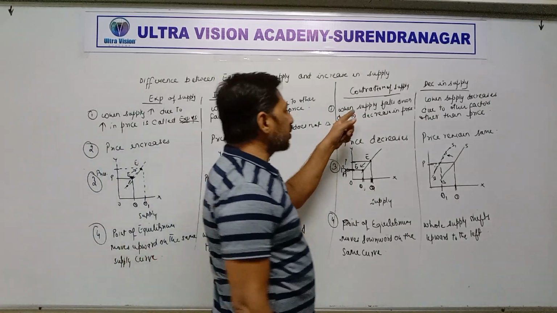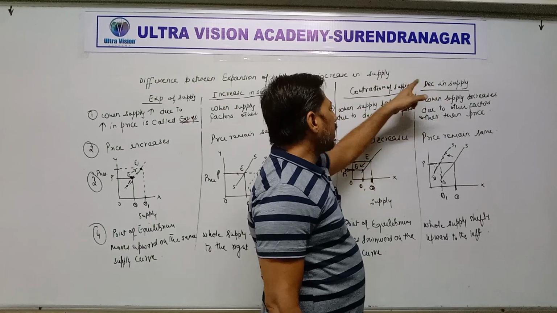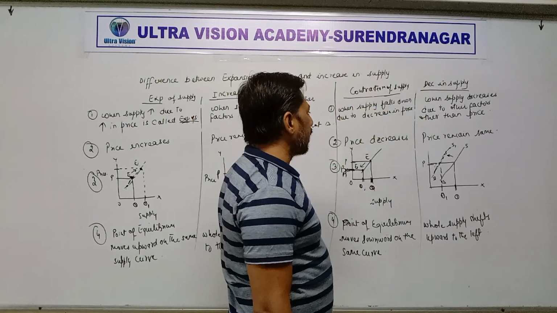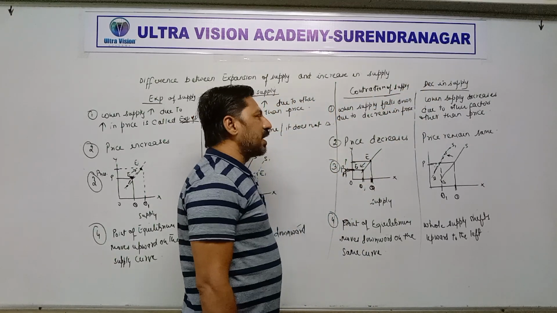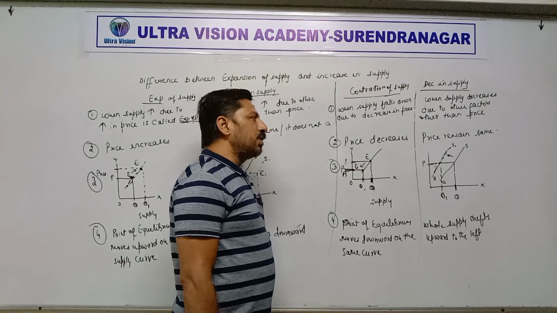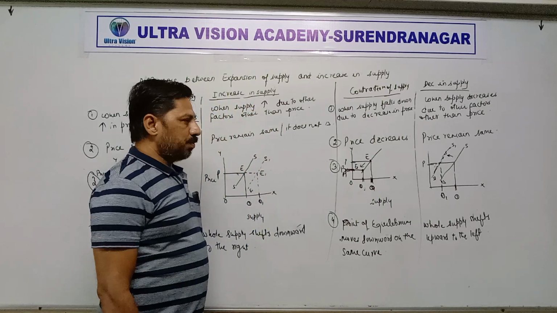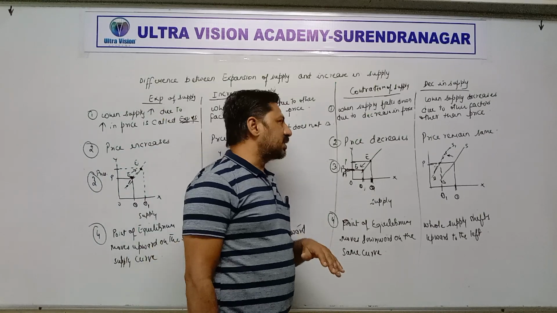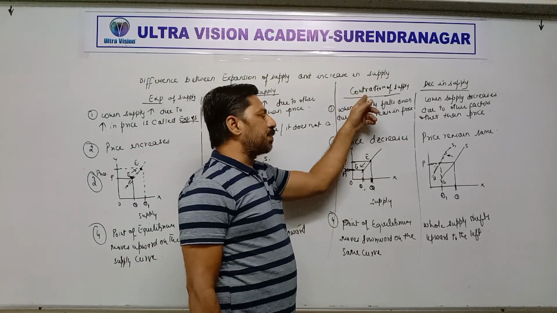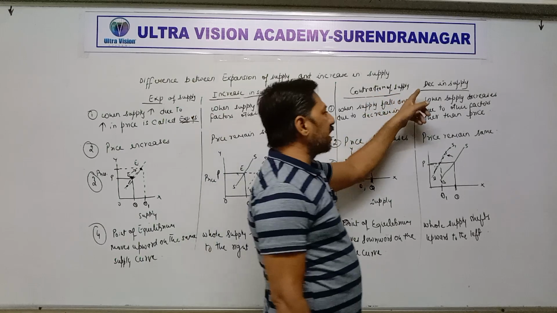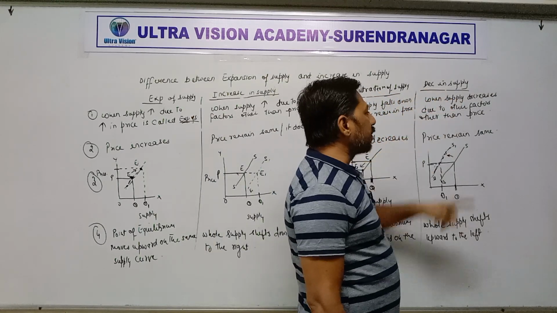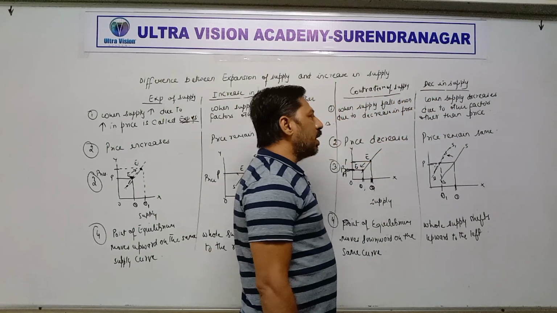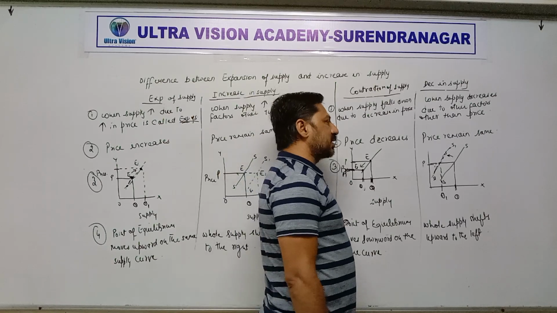Now in case of contraction and decrease in supply, the definition of contraction of supply: whenever supply falls due to decrease in price, means whenever price decreases, supply also reduces. This is called contraction of supply. In case of decrease in supply, supply decreases due to other factors other than price.